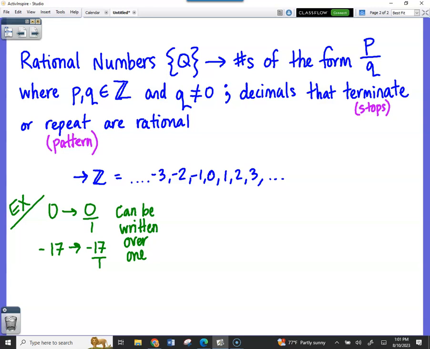Alright, this one's not a trick. This is just to see if you're listening. 13 over 4. Is that rational or irrational? That's rational. It's already a fraction.